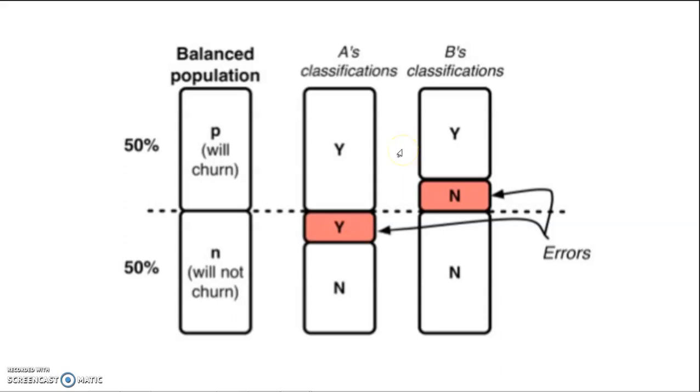So let's say we find false negatives more damaging. In this case, false negatives would be people who are churners but are predicted as loyal.